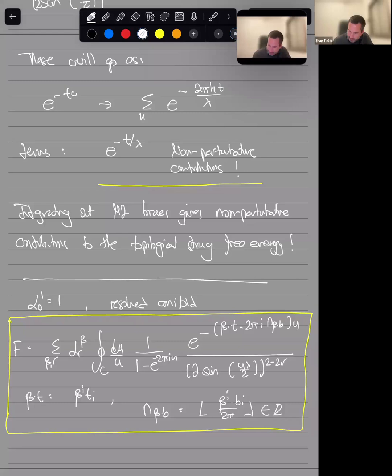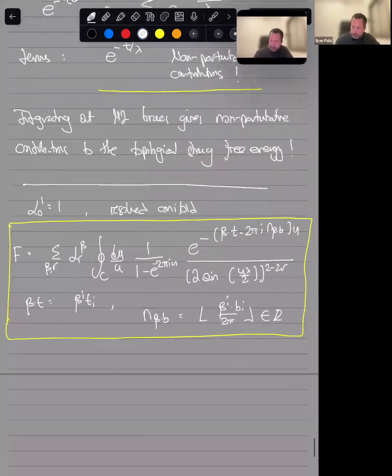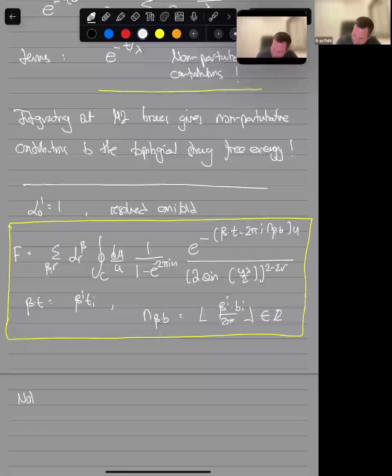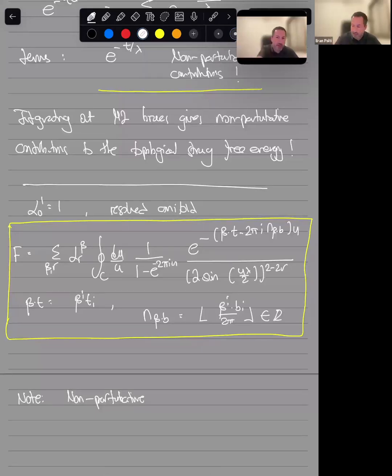Maybe I'll just make a couple of comments then about this result. Note some things. First of all, the non-perturbative contributions, remember, they come from the poles in this sine, and so they only come from when r is 0.